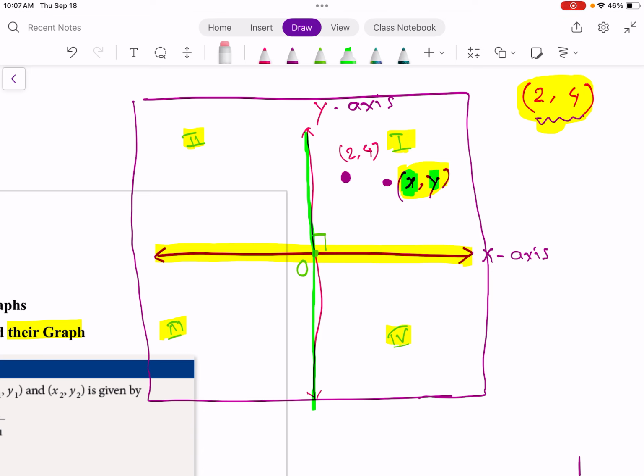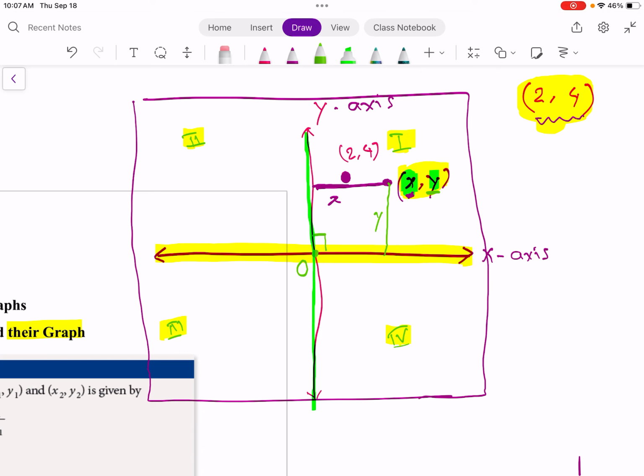So the first element, x, is the distance from the y-axis. So this is that x. And this y, the second element, is the distance from the x-axis. So this is y.